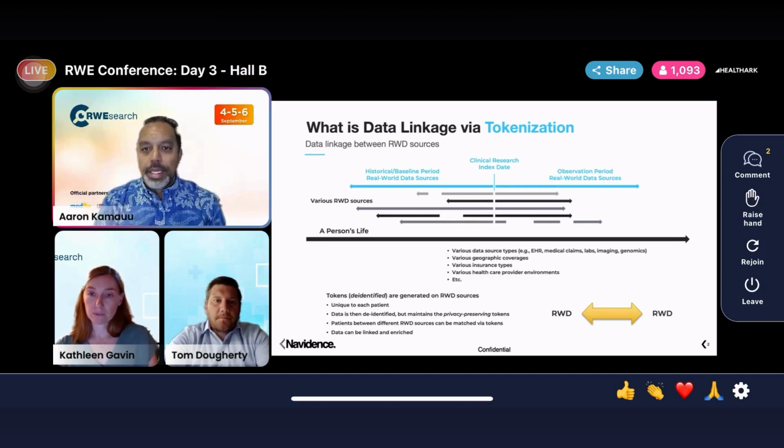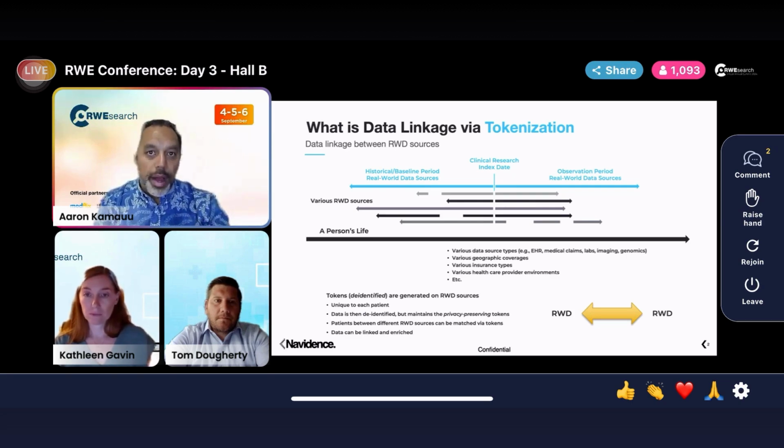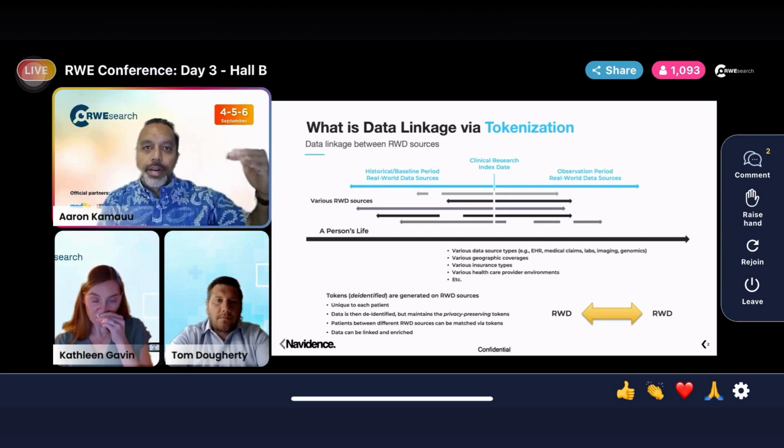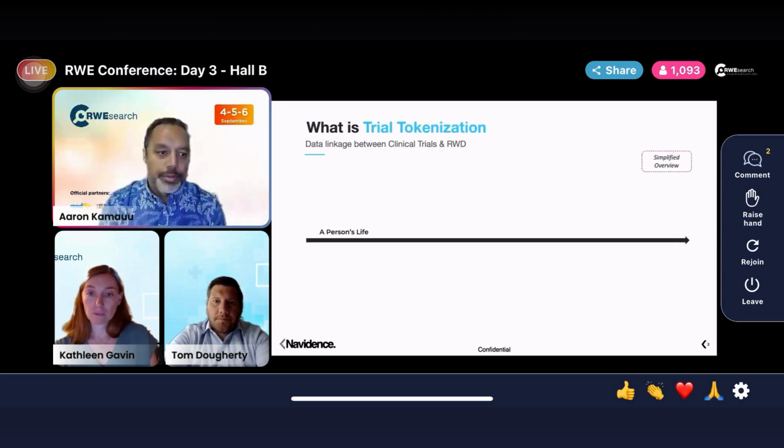And some examples might be linking medical claims data with electronic health records, clinical data, because we might want to have a combination of understanding of healthcare resource utilization and laboratory information, or medical imaging insights, or so forth.